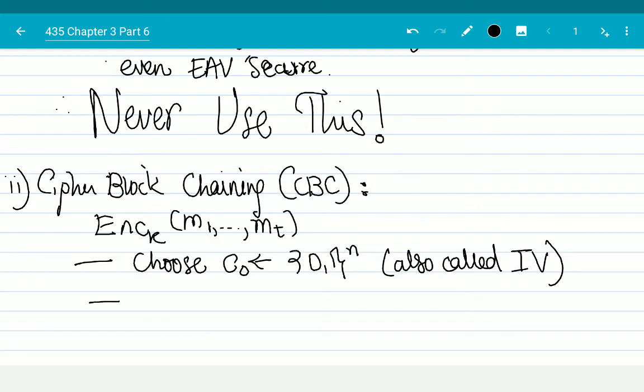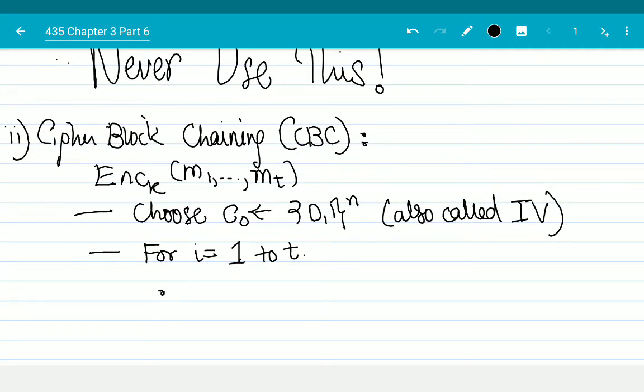And now, what you do is, for i equal to 1 to t, you set ci equal to fk of mi XOR c(i-1).